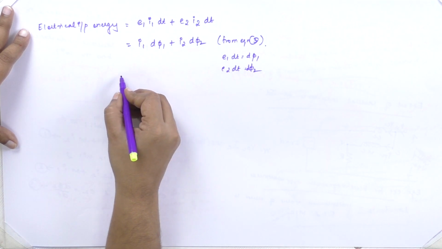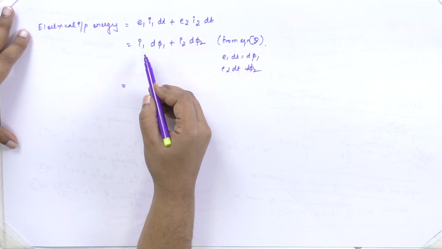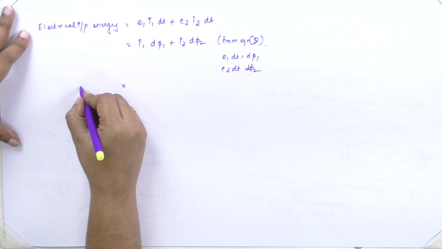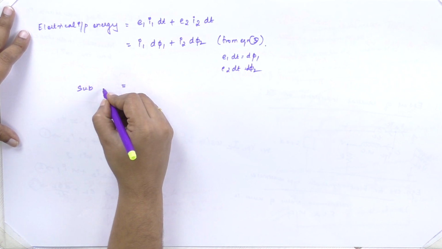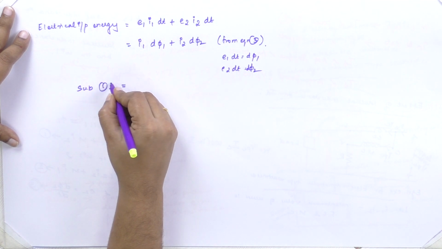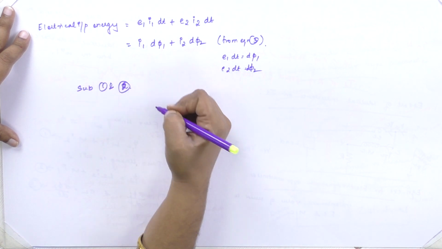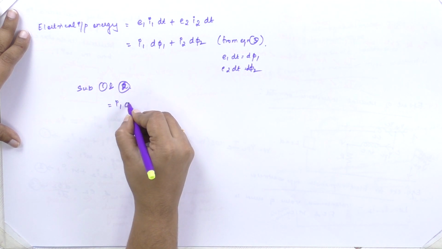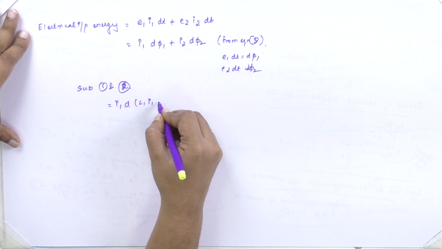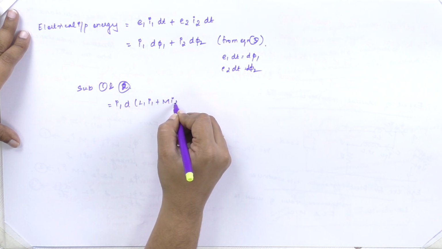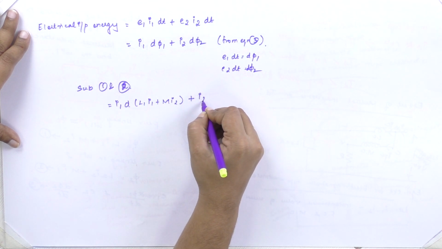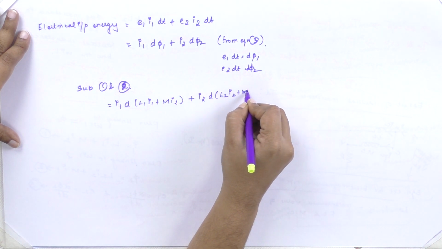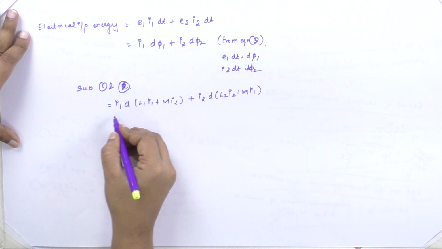By substituting the values of phi 1 and phi 2 from equations 1 and 2, we will get I1 into d of L1 I1 plus M into I2, plus I2 into d of L2 I2 plus M into I1.